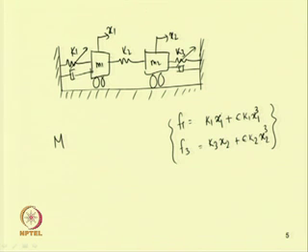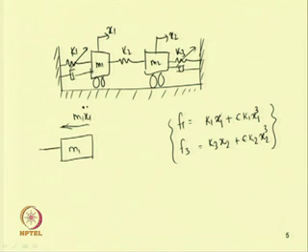Now if you write the free body diagram of the first mass, that is M1, it is subjected to a displacement x1 towards right. So it will be subjected to an inertia force of M1 x1 double dot towards left.